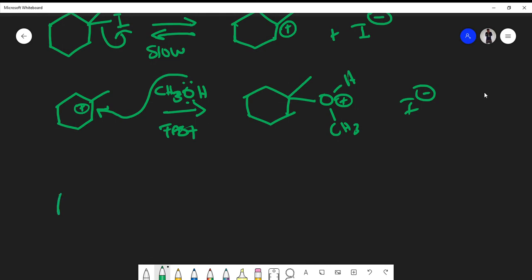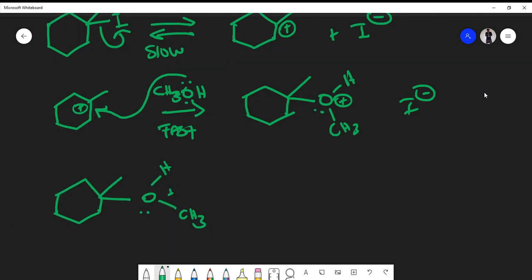And the last step, and this is kind of a mechanism, is that we really have the oxygen again, 3 bonds, 2 lone pairs, with a positive charge. There's our hydrogen, there's our lone pairs, there's our positive charge. We have one more molecule of methanol that comes in and acts as a base, takes off the hydrogen next to it, and puts the electrons in the form of lone pairs on the oxygen.